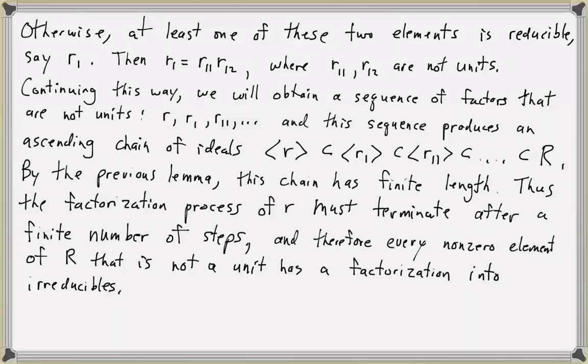So now we know that we can factor every non-zero element that's not a unit into irreducibles. We need to show that the factorization is essentially unique. So we must now show that the above factorization is essentially unique.